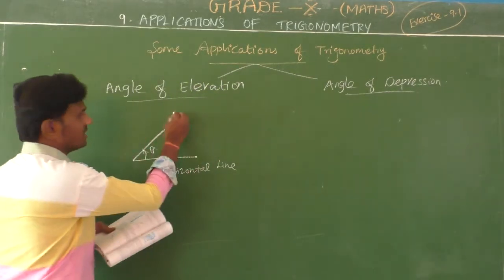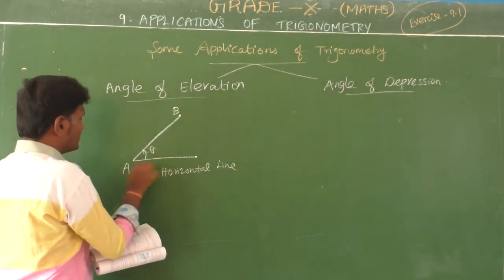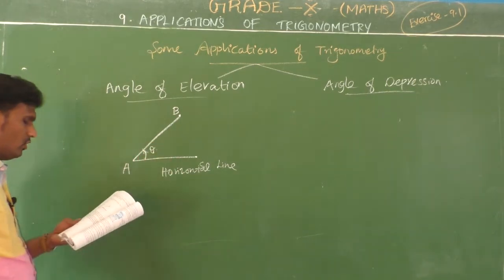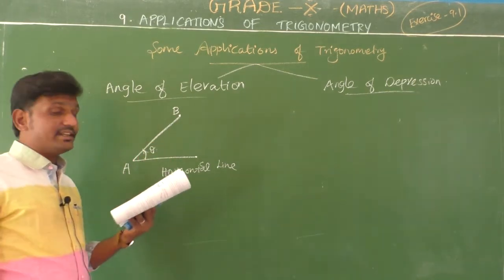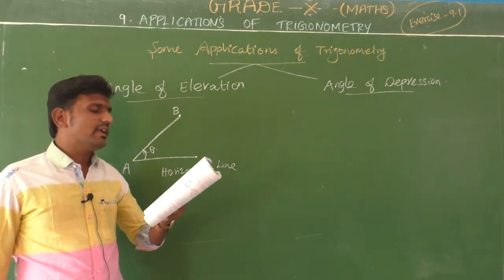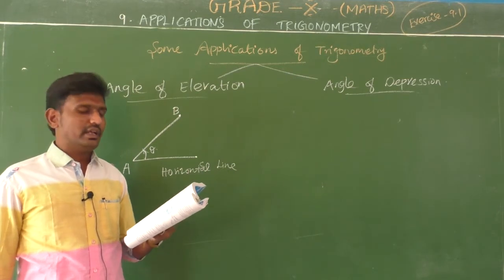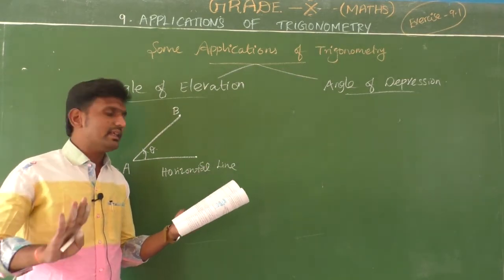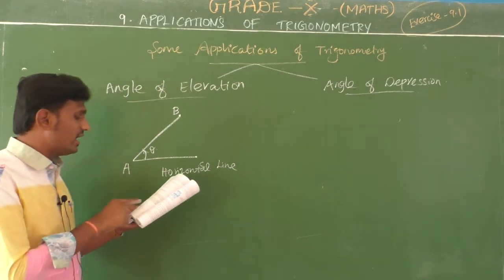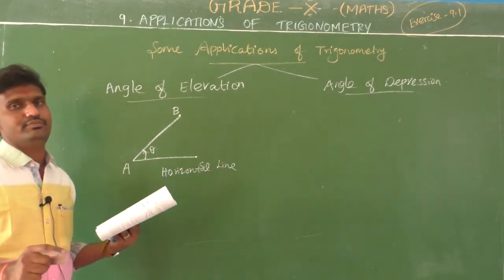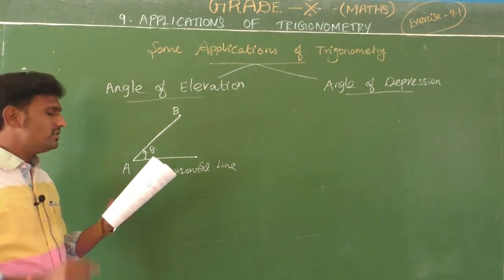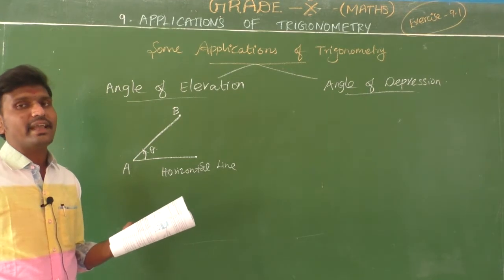The angle formed by the line of sight with the horizontal is called the angle of elevation of the top of the minar from the eye of a student. It is very simple, student. Listen carefully. The line of sight is the line drawn from the eye of the observer to the point on the object viewed by the observer.